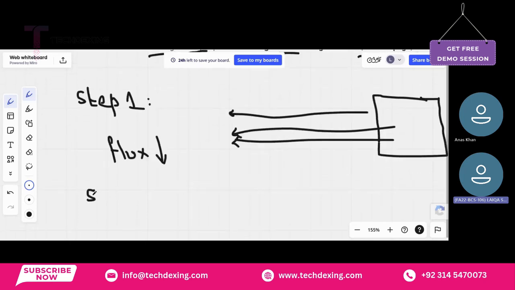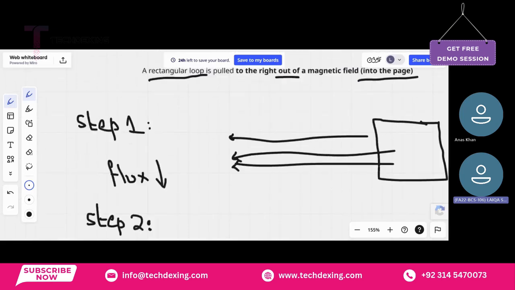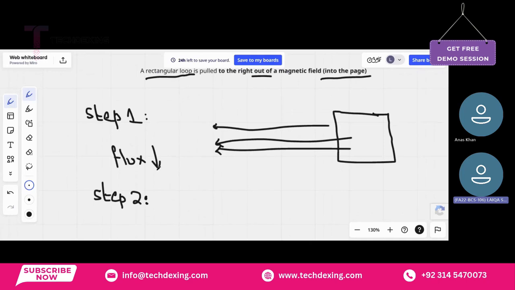So in step 2, we have to identify the direction of the induced magnetic field based on the effect on this flux. We will get step 2 from step 1. First, we have to identify whether the flux is increasing or decreasing, and then according to that, we see what will be the direction of our induced magnetic field.